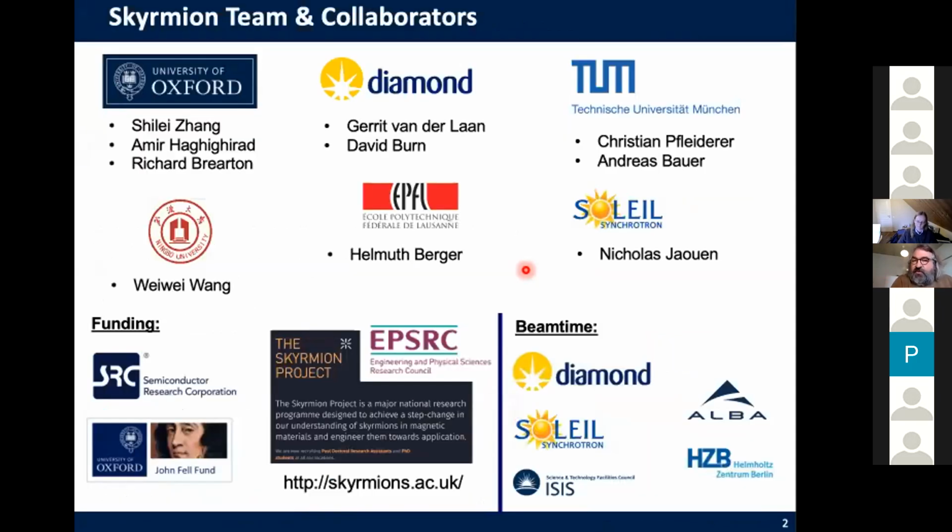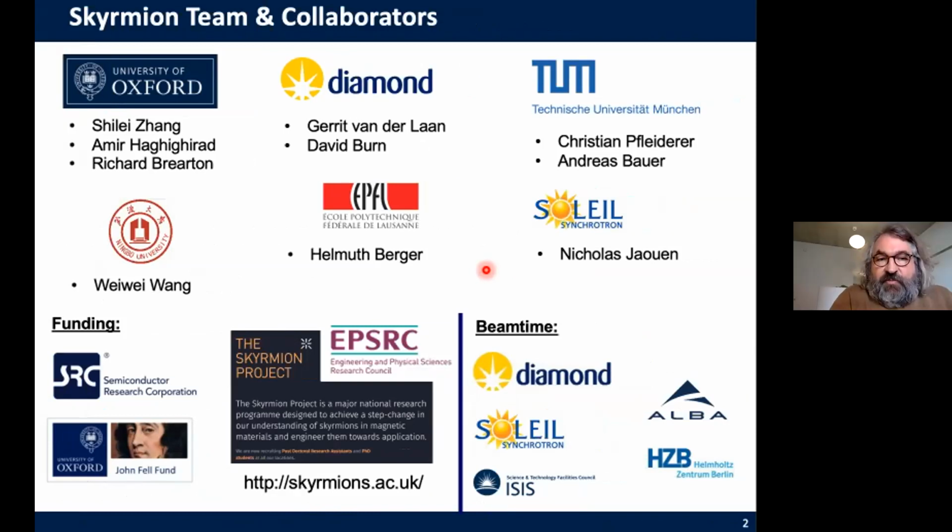So I would like to give you an overview of, first of all, magnetic skyrmions, and then show you how we used X-ray scattering to unlock their secrets and study them in greater detail than is possible with any other method. Let me start by thanking my collaborators, especially from the early years here.